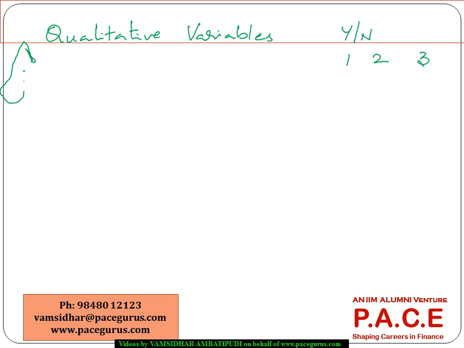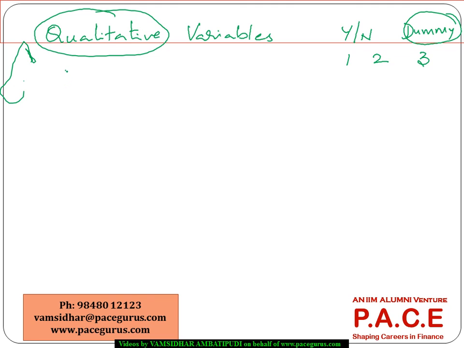See, if we had a qualitative or categorical independent variable, we had used the concept of dummy variables. But if the dependent variable itself is a qualitative or a subjective or a categorical kind of a variable, we cannot use a normal regression model for that. We have various other mechanisms.